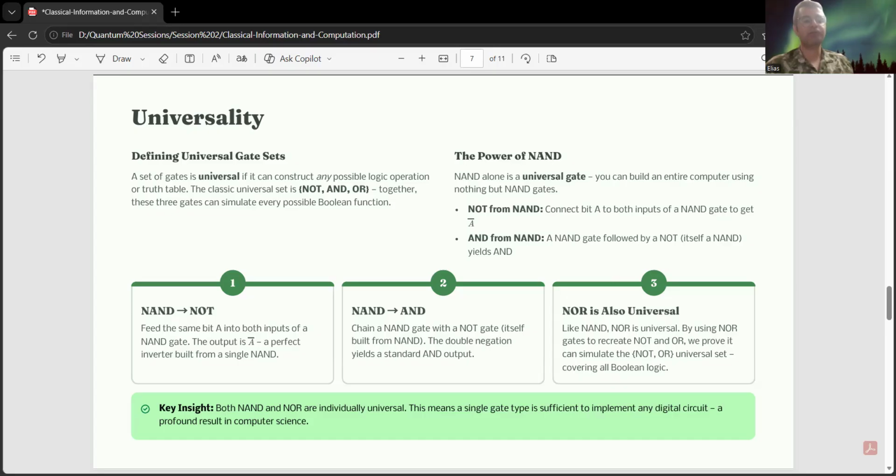One concept that is very important for us is universality, which means that a set of gates is universal if we can construct any possible operation with just those gates. NOT, AND, and OR are universal, which means you can create any gate by combining these three. The NAND gate itself is also universal, which means you can create any gate by just combining NAND gates, which is very nice.